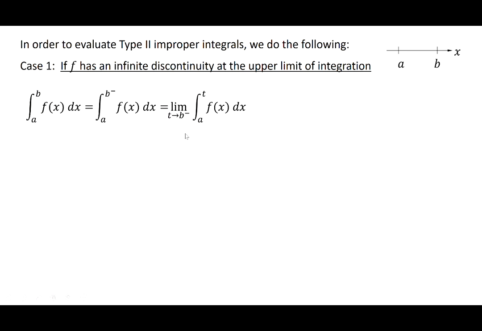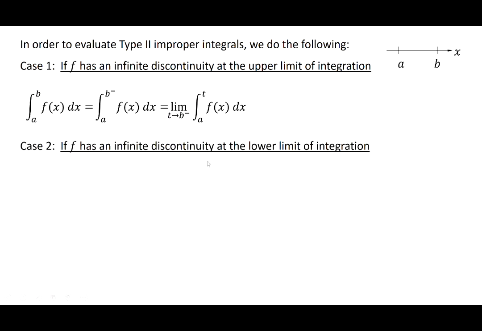Anyway, so how do we deal with situations of this kind? By doing this. Now, on the other hand, if we were to have an infinite discontinuity at the lower limit of integration, which means at a there is a problem, any thoughts on how to handle it?